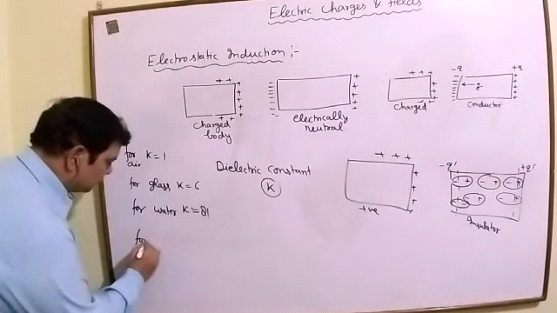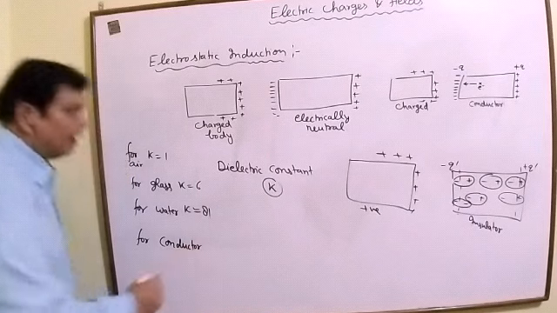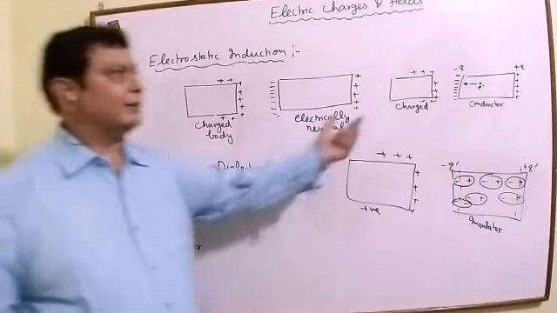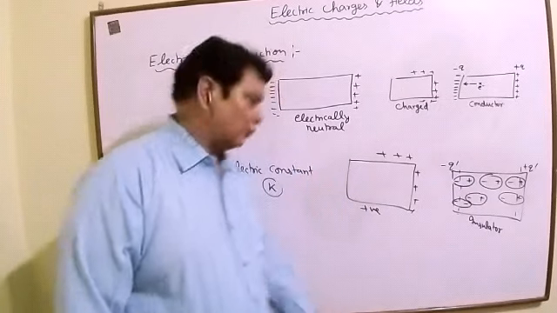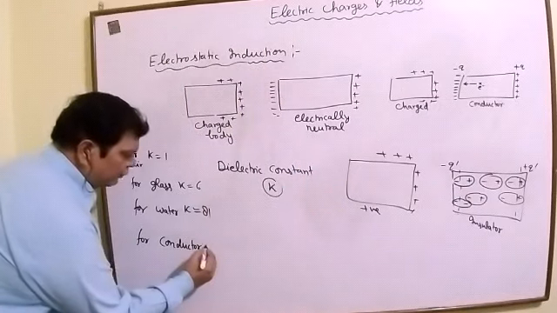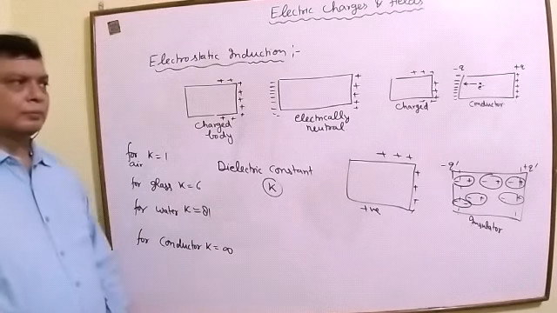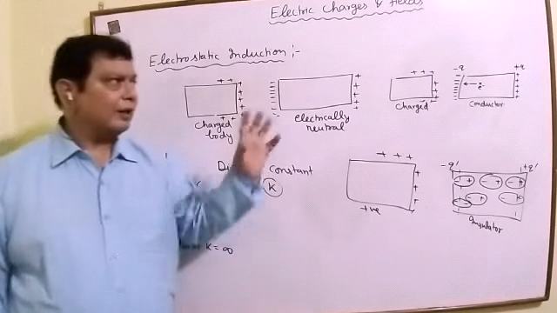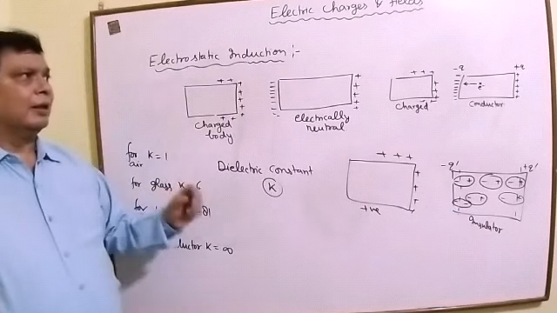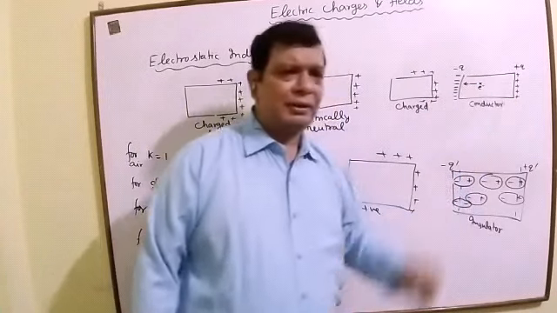For conductors, as I have told you, the induction takes place very easily. So for conductors, the value of K is considered as infinite. Got it? In the last, here I have to discuss what would be the values of the charges which have appeared in these substances.